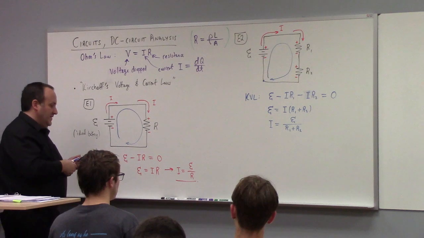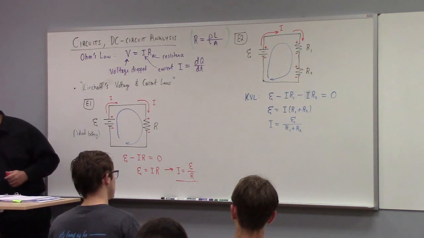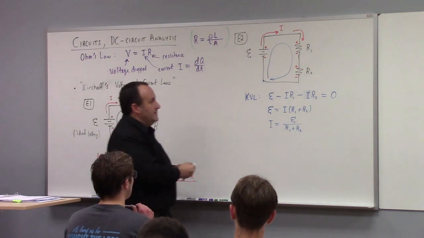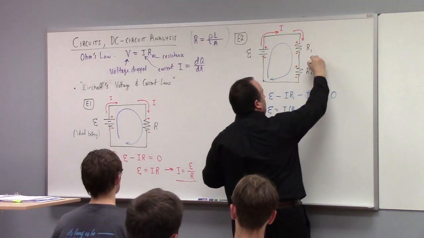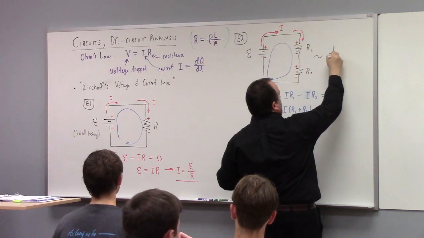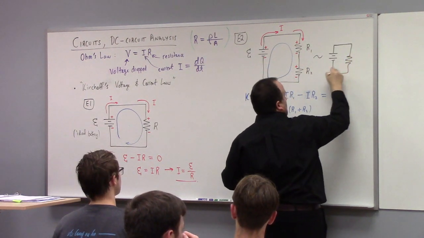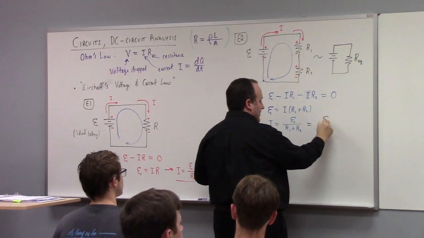This shows us that if you want to think about this as like a black box, in terms of an equivalent circuit, it's the same as if I was to replace this with an equivalent circuit of the same voltage, and then R equivalent. So this would be E over R equivalent.